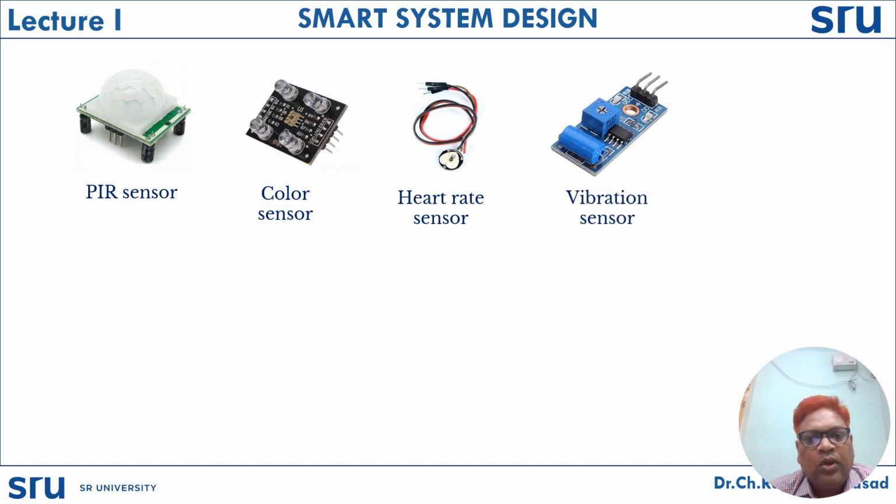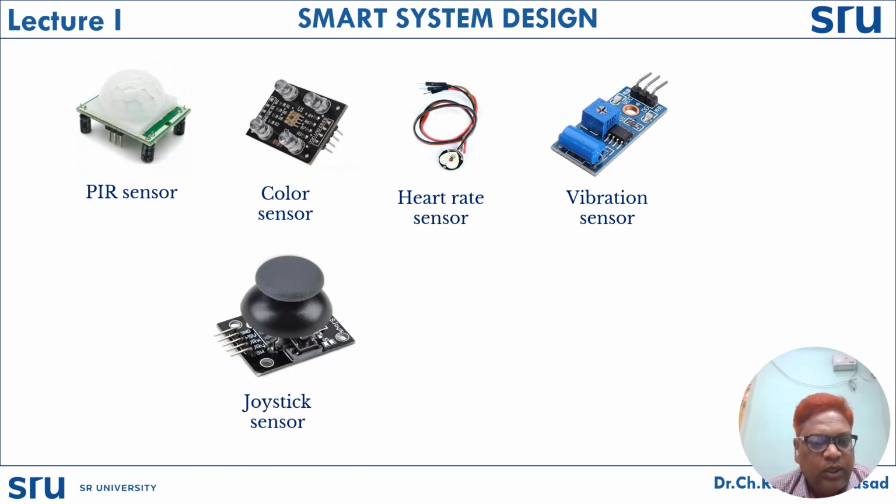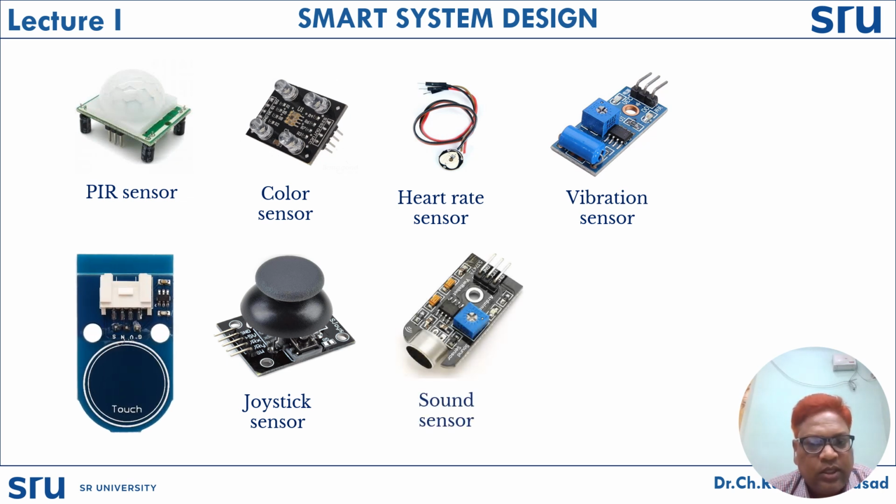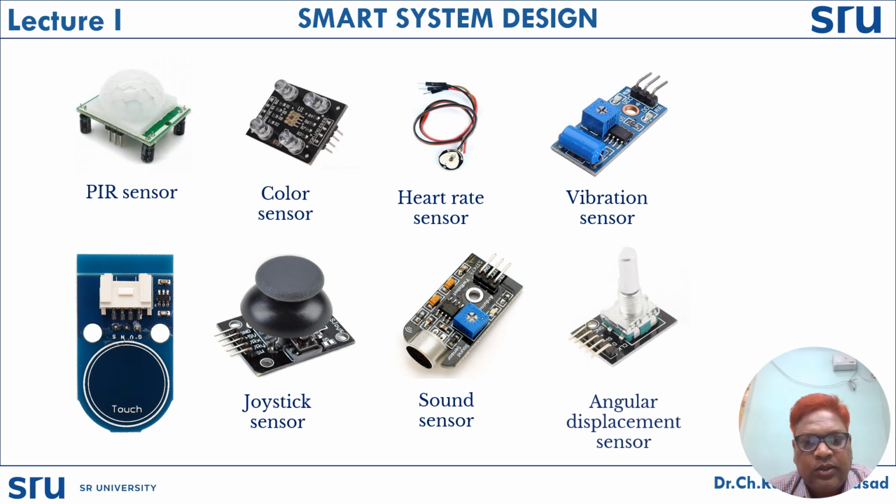Vibration sensors are normally used to identify vibrations, most probably in cars nowadays. And joysticks which are used for gaming purposes, touch sensors, sound sensors, and angle displacement sensors. These are some of the sensors available in the market nowadays.